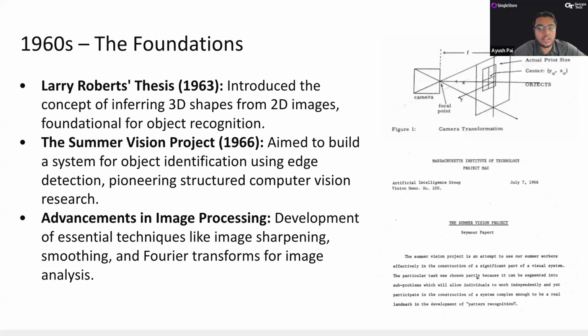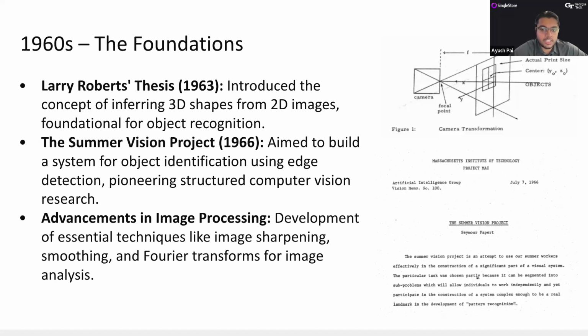At the time there were not many computers, just basic computers, you know, vacuum tube type technology. And he was able to create a thesis that showed how you could interpret visual information dimensionally, similar to human perception.